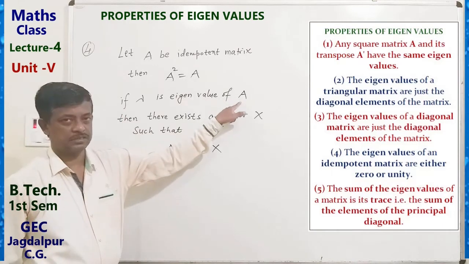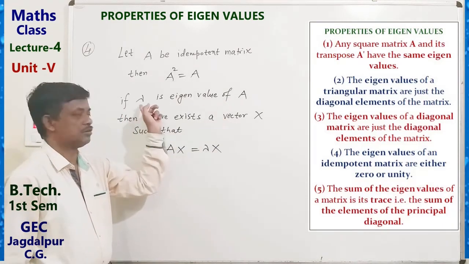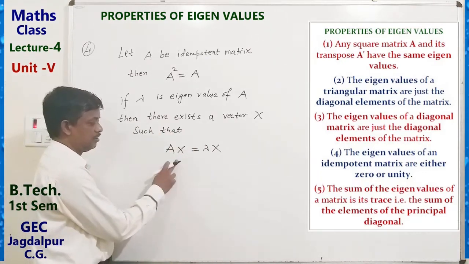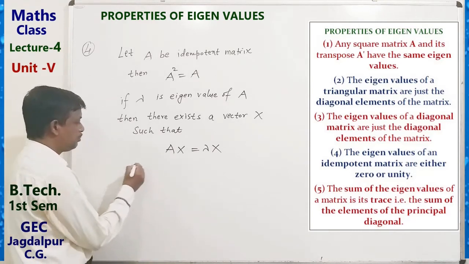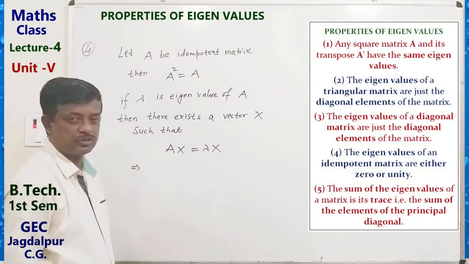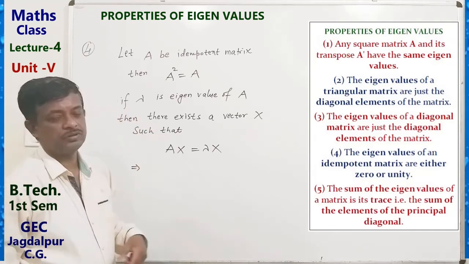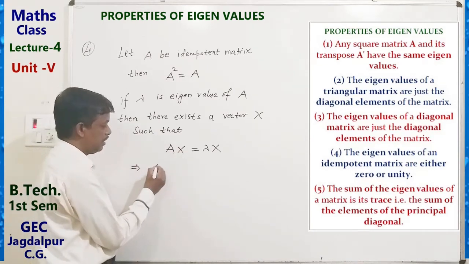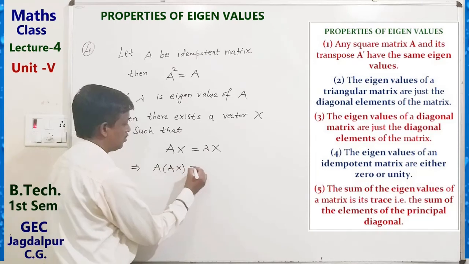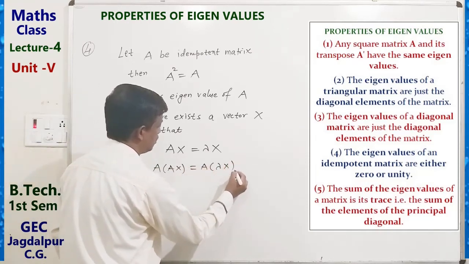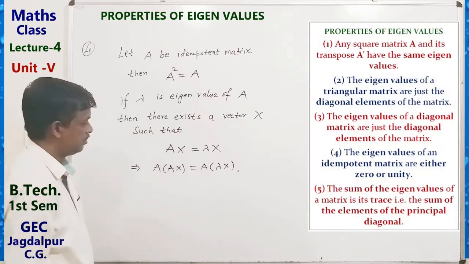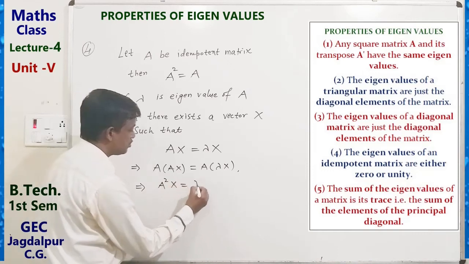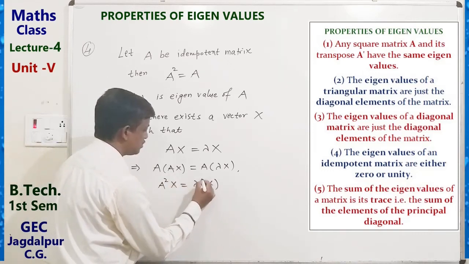Lambda is an eigenvalue of this, then there exists a vector corresponding to this lambda such that Ax equals lambda x. Okay. Now pre-multiply, because we are proving lambda equals either 0 or 1. So just pre-multiply this by A. Pre-multiplying by A, by associativity we get this equals lambda A x.